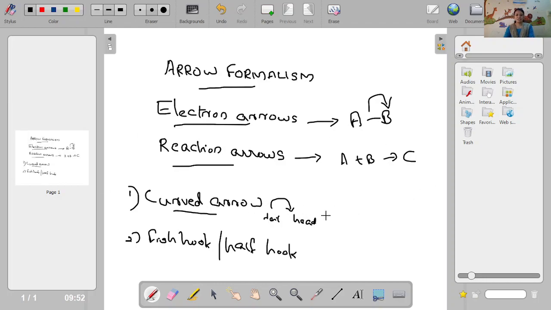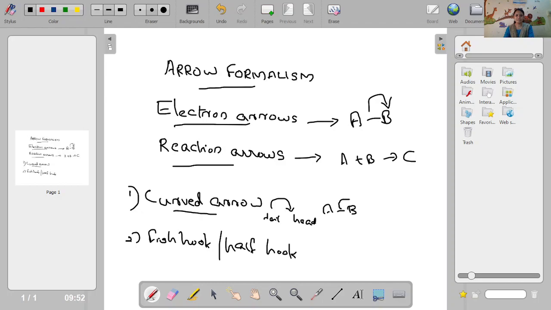And we can use this curved arrow for representing cleavage. Consider a molecule AB, a diatomic molecule.